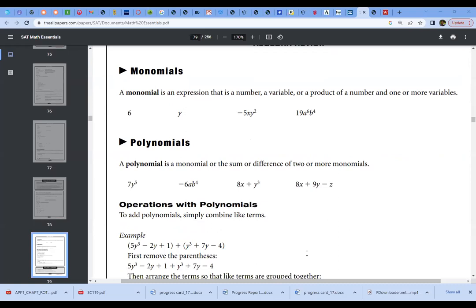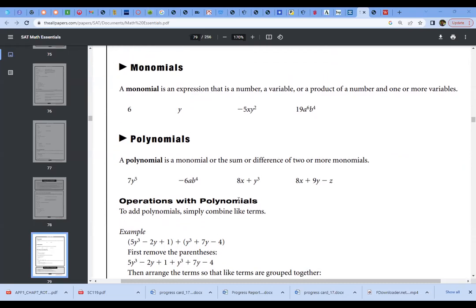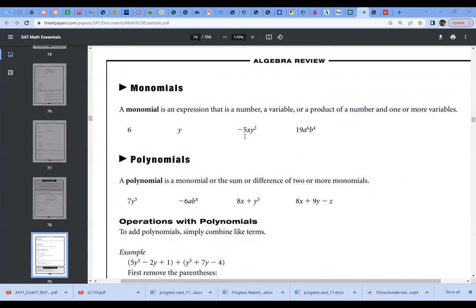So we need to know how to make operations with polynomials. I have a question. How is 7y to the power 5 a polynomial?